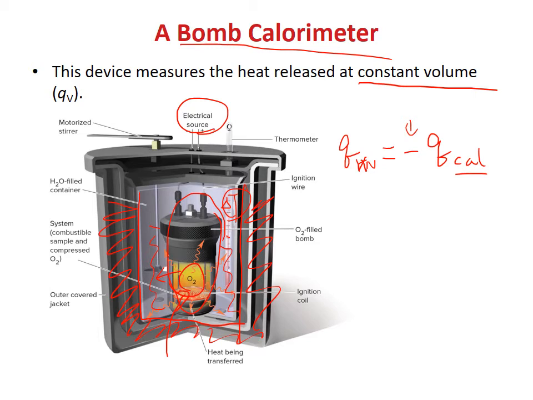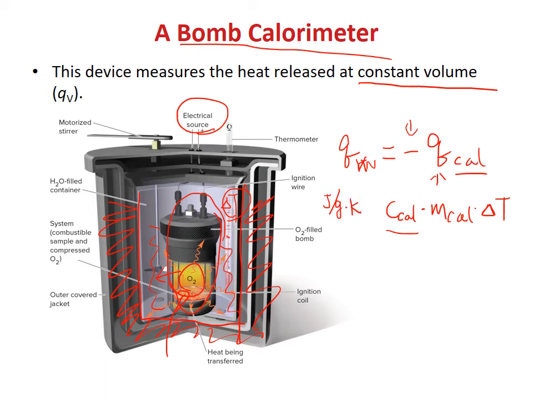To calculate the heat of the calorimeter, we use the heat capacity of the calorimeter times the mass times the temperature change. Now the heat capacity usually is in the unit of joule per gram per Kelvin.